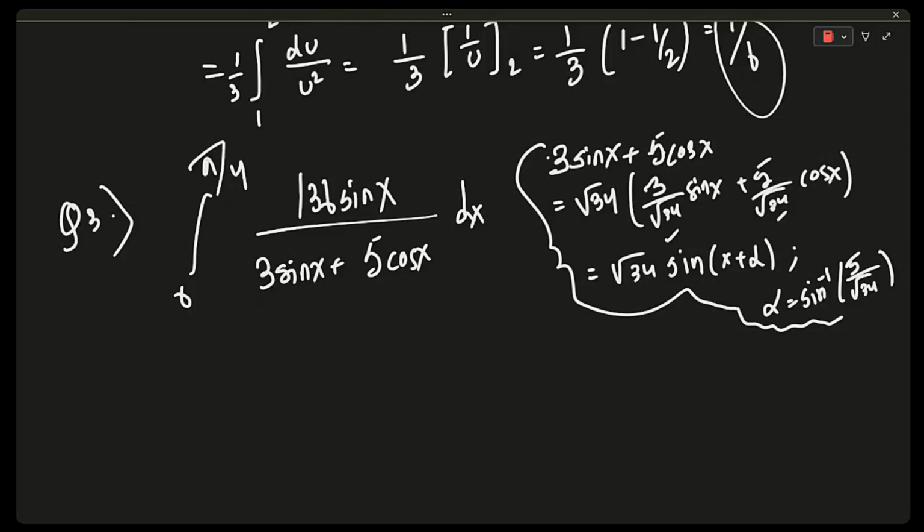Anyone else got the answer or proceeded in a certain way you would like to share? Can we arrive at the answer in this way? I do not think that is possible directly because of sin x by sin of x plus alpha. You do have to break it.